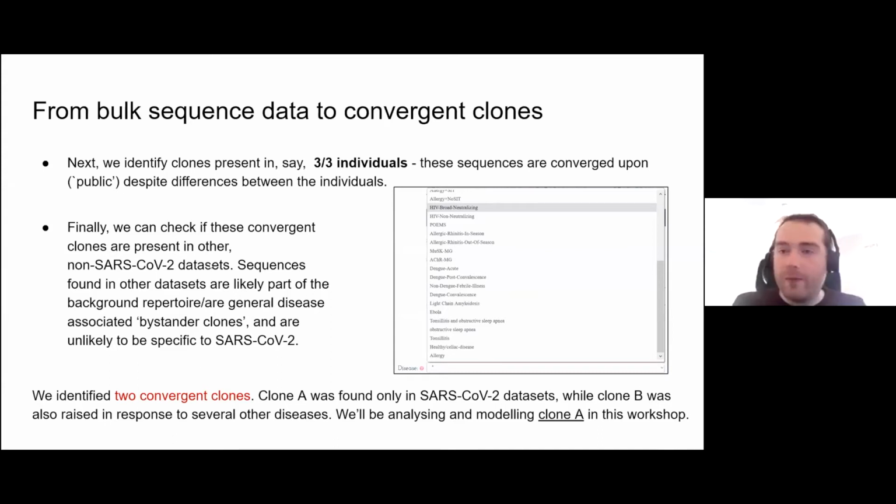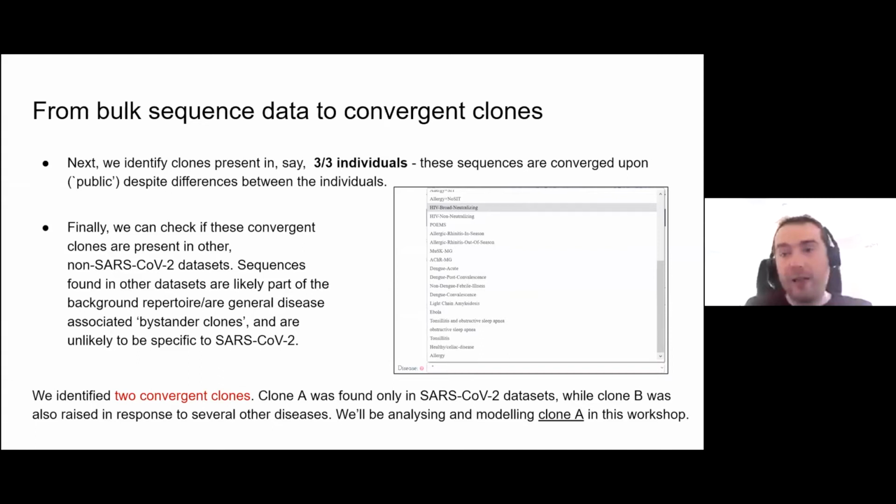And so then what we can do from there is say, okay, we have these sequences that we've selected from OAS associated with SARS-CoV-2, but all that tells us is that these sequences were present in the immune repertoire of multiple individuals with SARS-CoV-2. It doesn't directly tell us that these correspond to antibodies raised against SARS-CoV-2. They were just present in the repertoires.